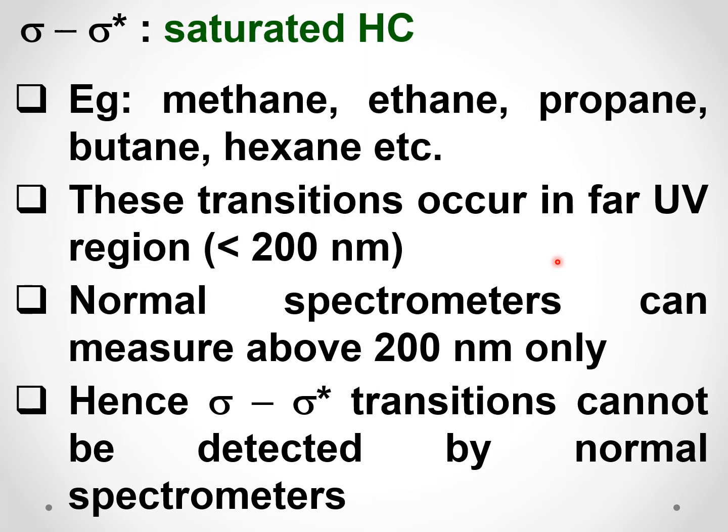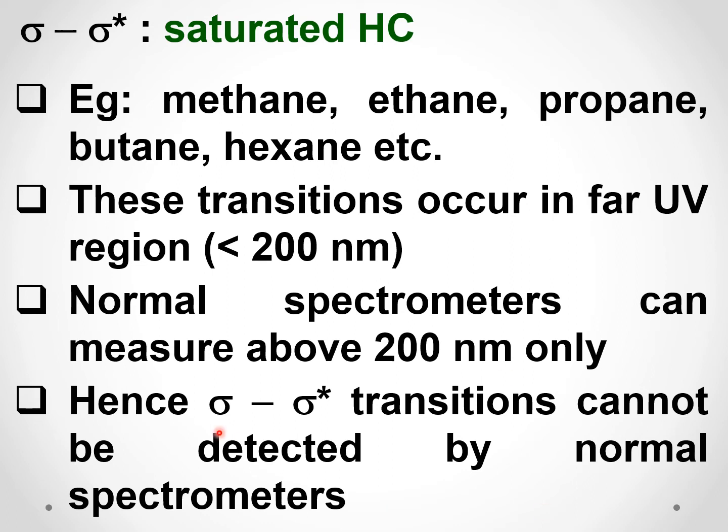Normal UV spectrometers cannot detect these transitions. To detect them, the spectrometers should have a vacuum attached, and vacuum-based spectrometers are very costly, so normally they cannot be afforded.